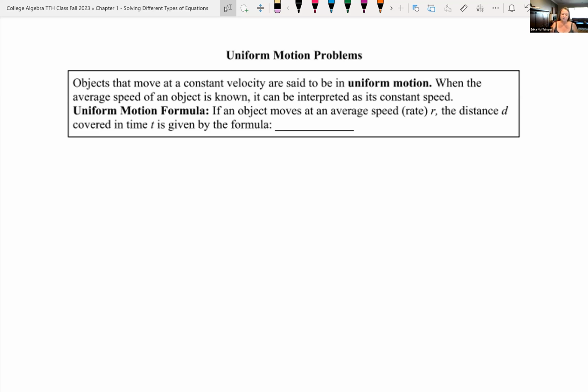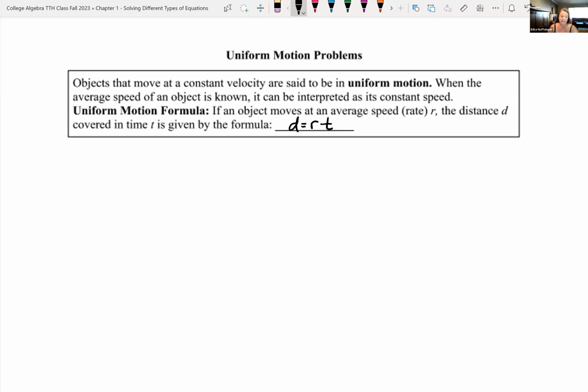If an object moves at an average speed or rate, we call that usually r when we're looking at these problems, the distance, we'll use the variable d, covered in time t, is given by the formula distance d is equal to the rate or speed r times time t. So distance equals rate times time.